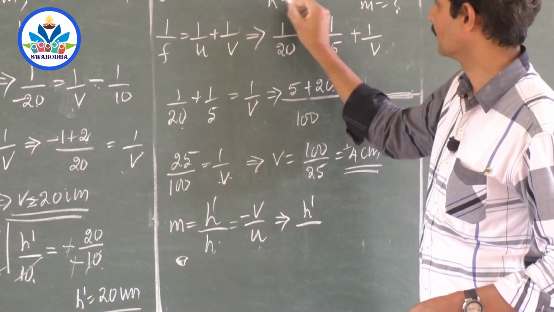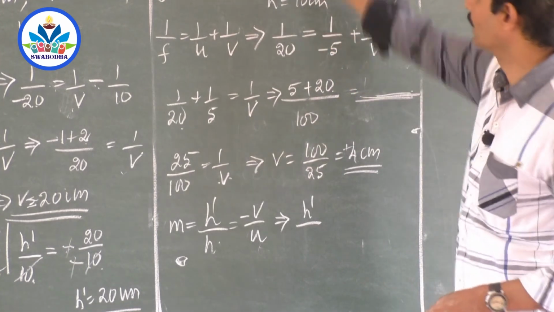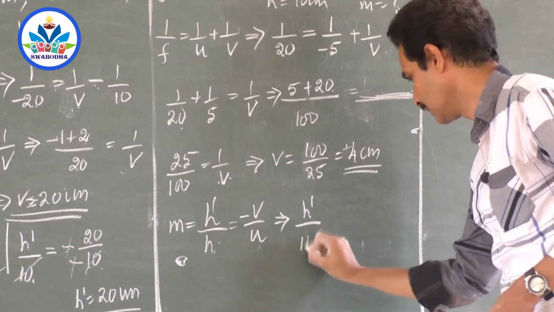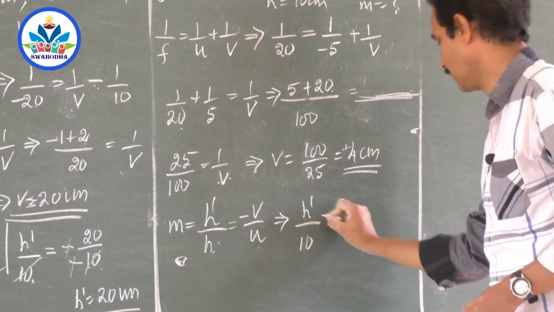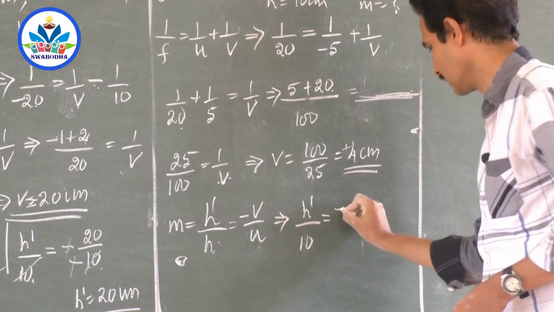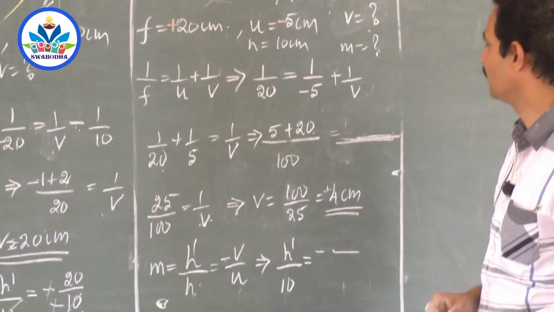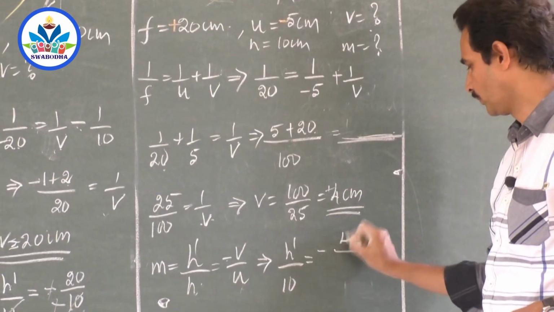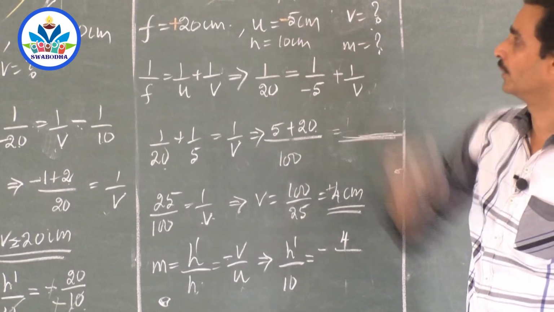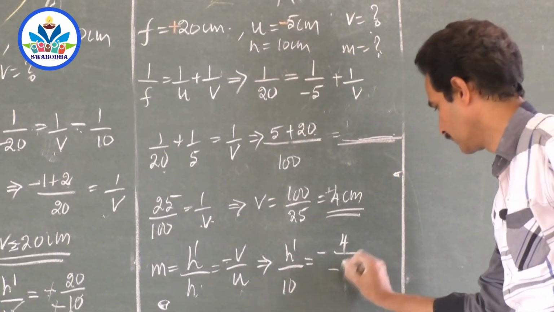Now also I will take it as 10 centimeters. It is above the principal axis, so plus 10 is equal to minus v by u. V, image distance, we got it as positive 4. U was negative, that was minus 5.